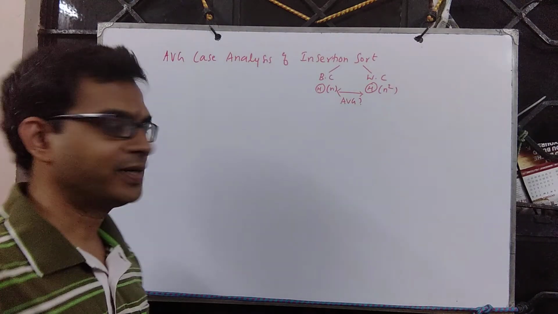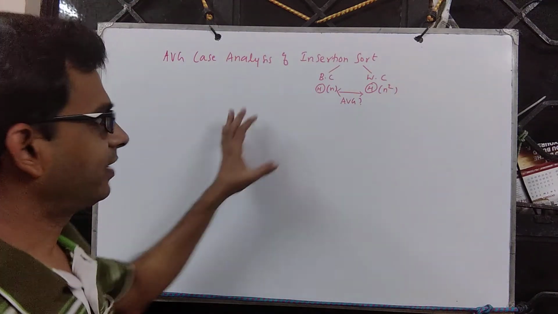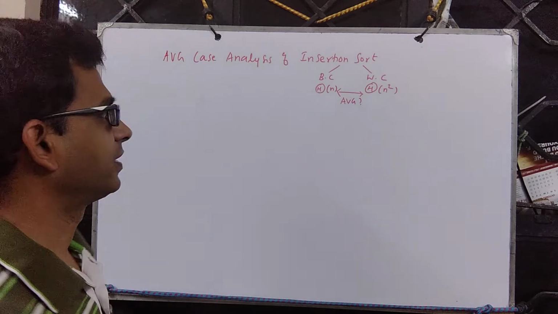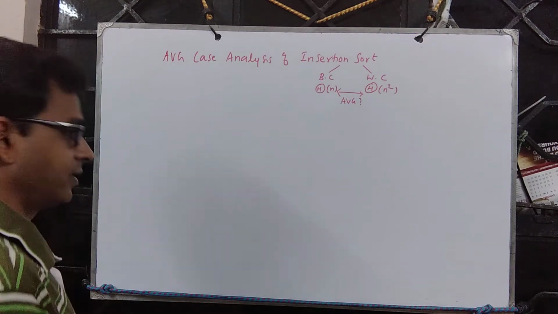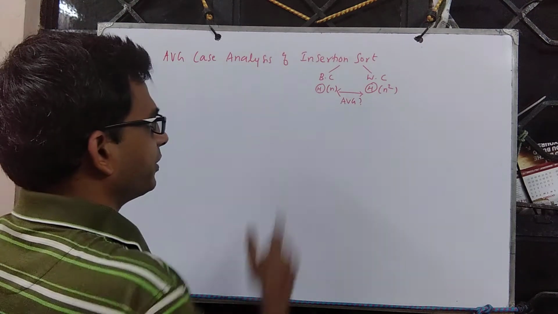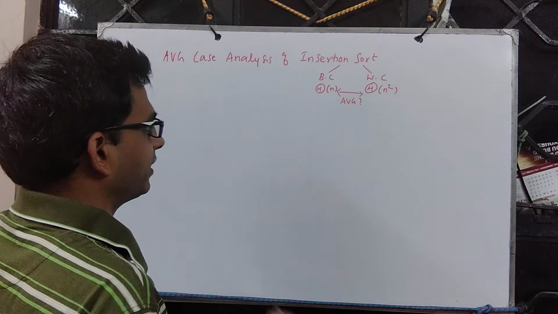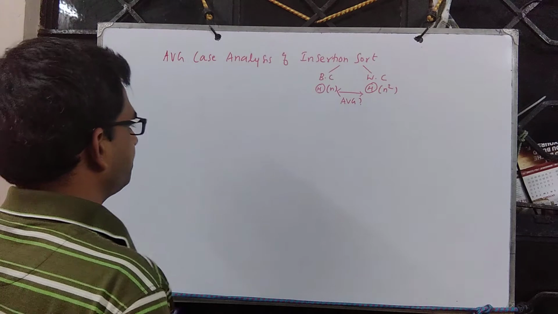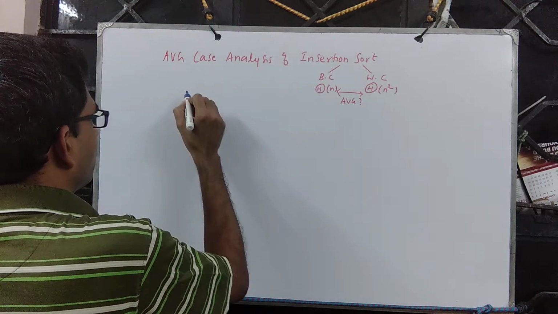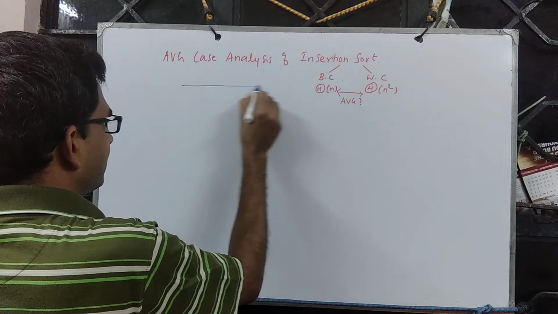We shall next look at the average case analysis of insertion sort. Interestingly, we are going to use linear search analysis over here to complete this part. So, the idea is this.